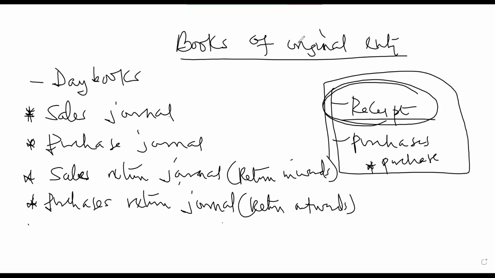Then we also have what we call the journal, or the general journal, also called the journal proper. Then we also have the cash book. The cash book is a multi-purpose book. It serves as a journal and at the same time a ledger.